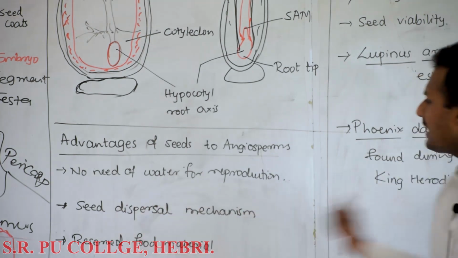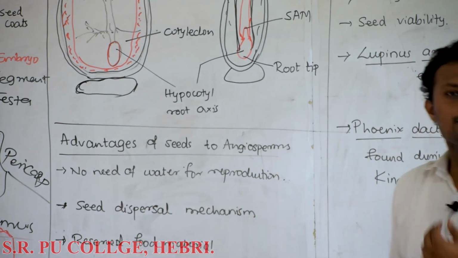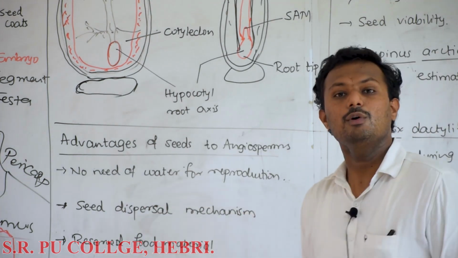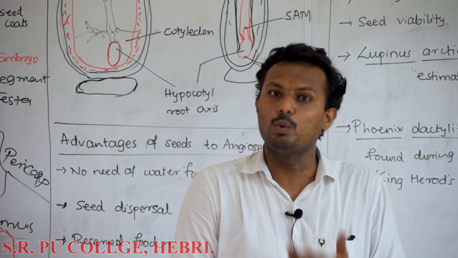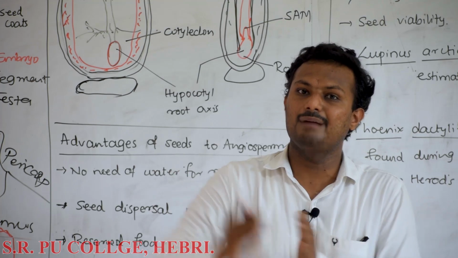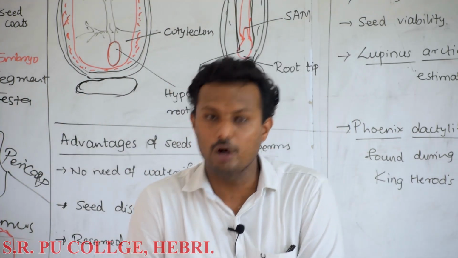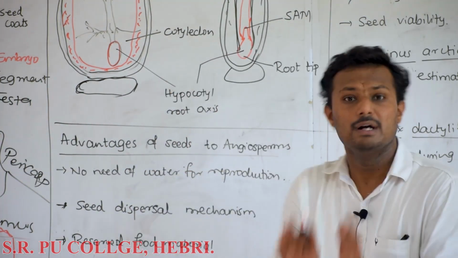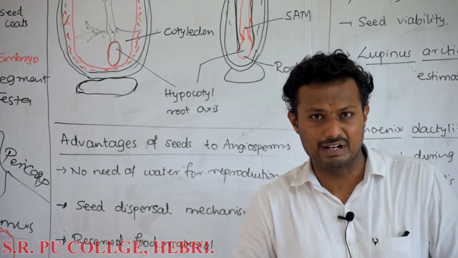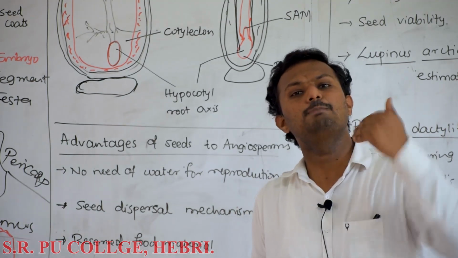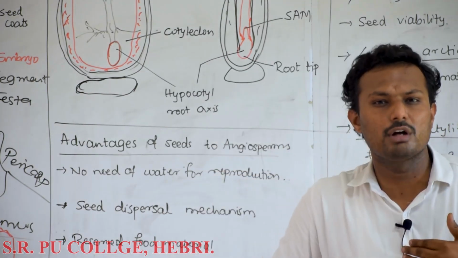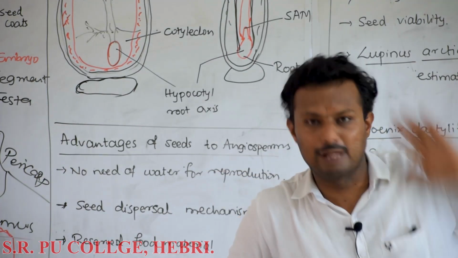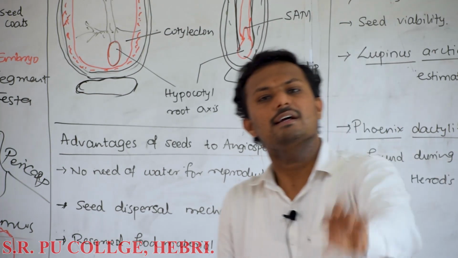The first advantage is that, unlike the lower plants, these higher plants such as angiosperms do not need water for the dispersal of the male gamete to reach the female gamete, or for pollination or fertilization events. So seed can be produced very easily by following a very easy mode of reproduction when compared to the lower plants. That is why seed is highly dependable.